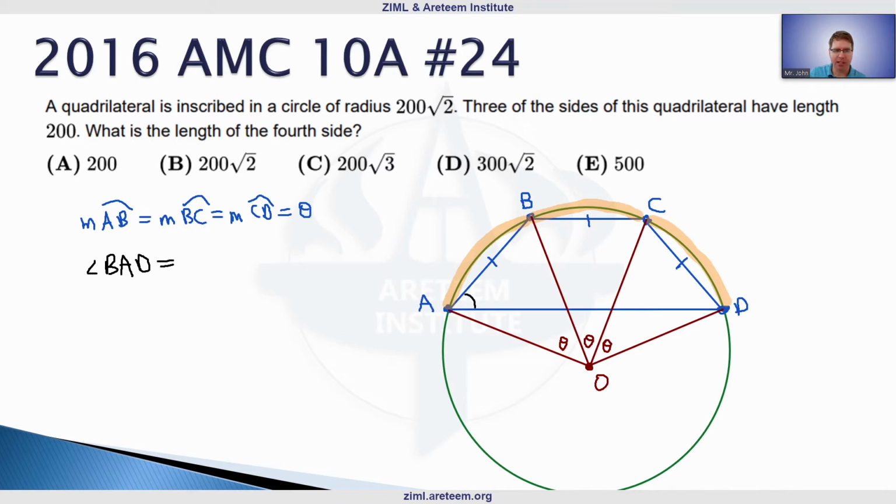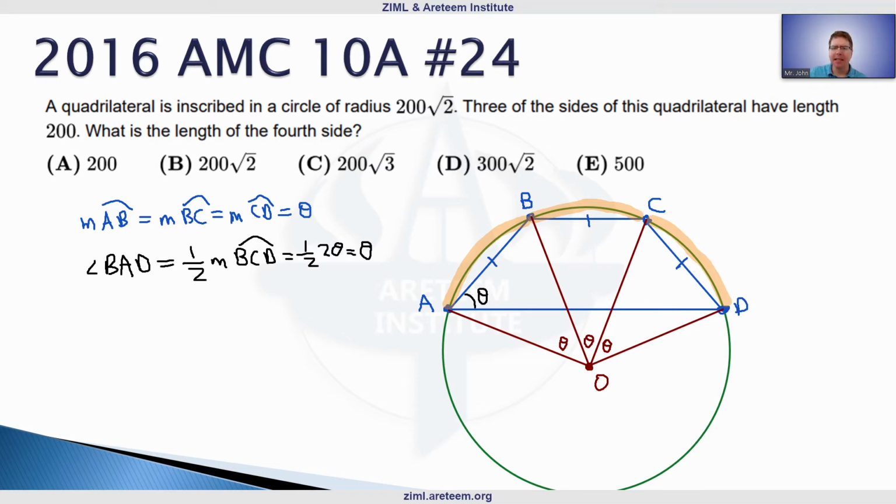The measure of an inscribed angle is half the measure of the arc. Let me, for clarity, write it as arc BCD. And what's important about BCD? Well, that's 2 theta. So this is 1/2 of 2 theta, which is just theta. So this angle here is actually theta as well.